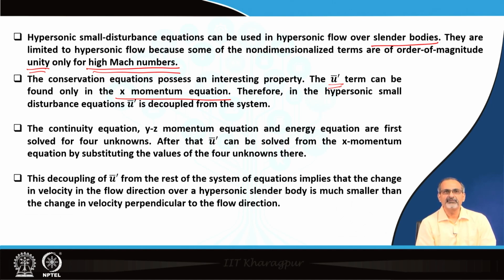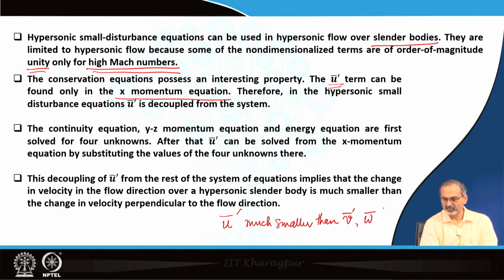Now, the decoupling of u bar dash from the rest of the system implies that the change in velocity in the flow direction over a hypersonic slender body is much smaller compared to the change in velocity perpendicular to the flow direction, which means that u bar dash is much smaller than v bar dash or w bar dash.